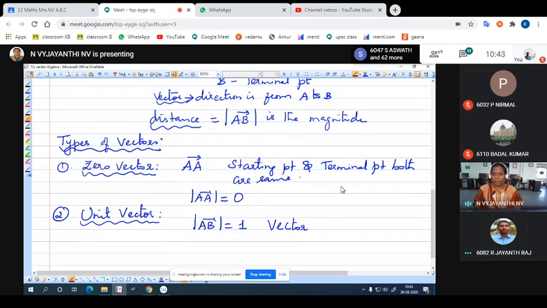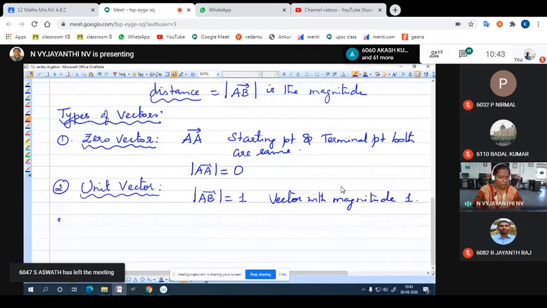If you take one round in this entire cadets road, which covers the academic block and the entire oval shape round, it is 1 kilometer. So that is the modulus of AB vector, which is equal to 1. So here magnitude must be equal to 1. A vector with magnitude 1 is called a unit vector.